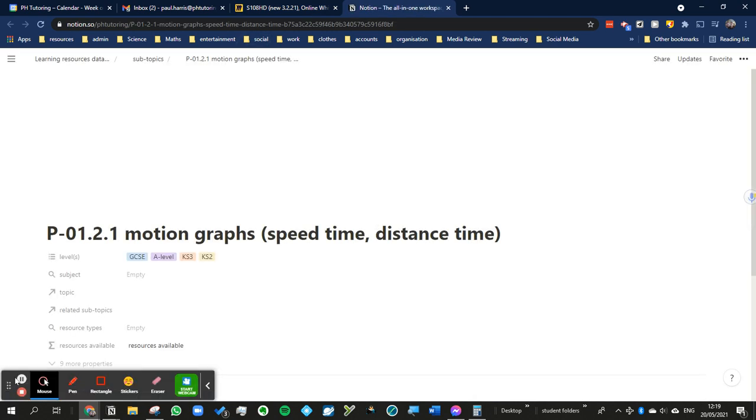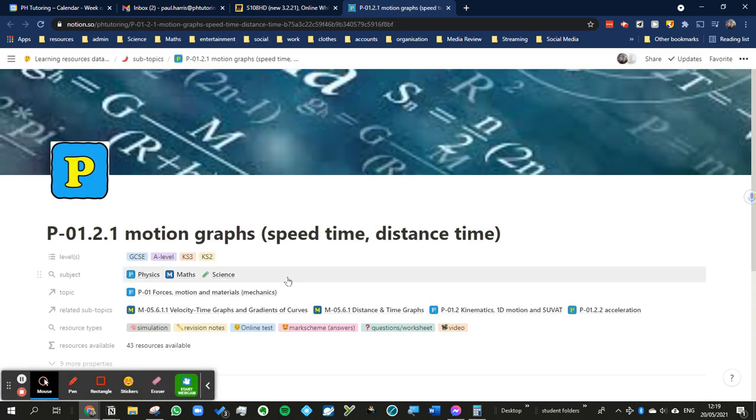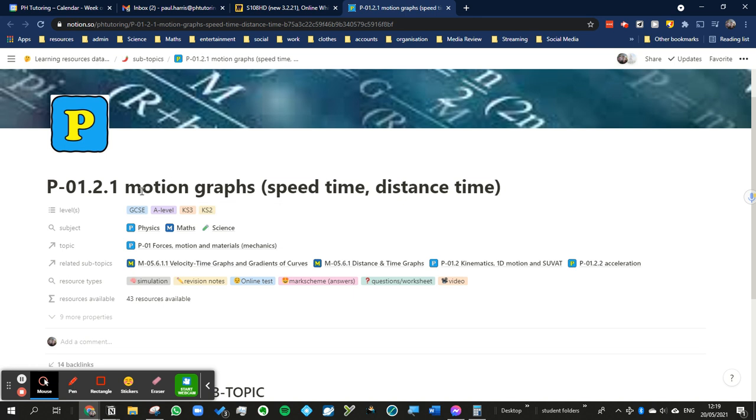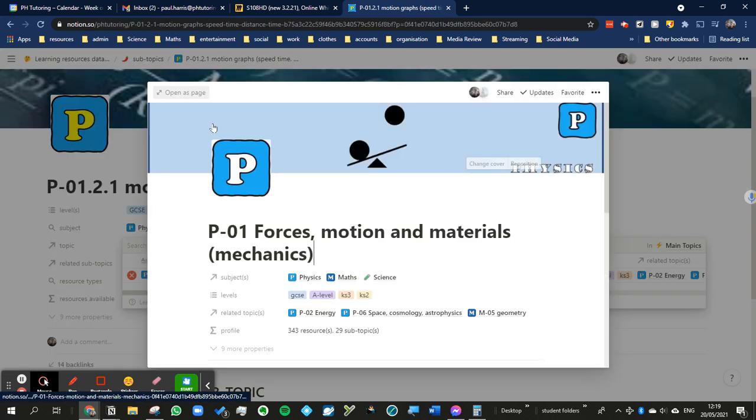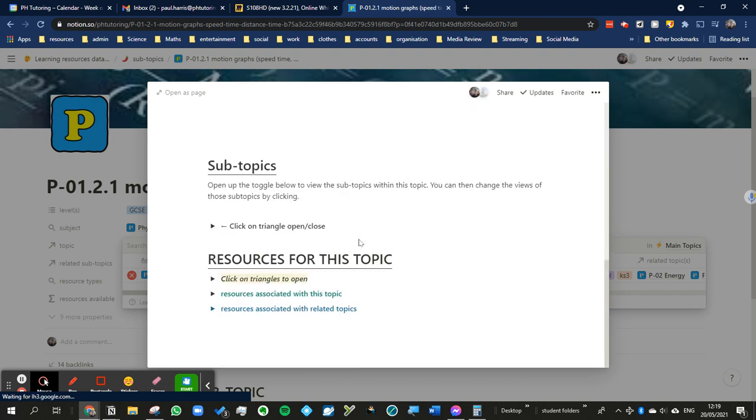So this is a subtopic. We know it's a subtopic because it's got a yellow P, although sometimes I forget to colour in the P's, whatever letter they are. But in any case, it's a subtopic because it says subtopics up here. I can go back to the main topic by clicking on this one here and clicking it again, and I've got the main topics there.